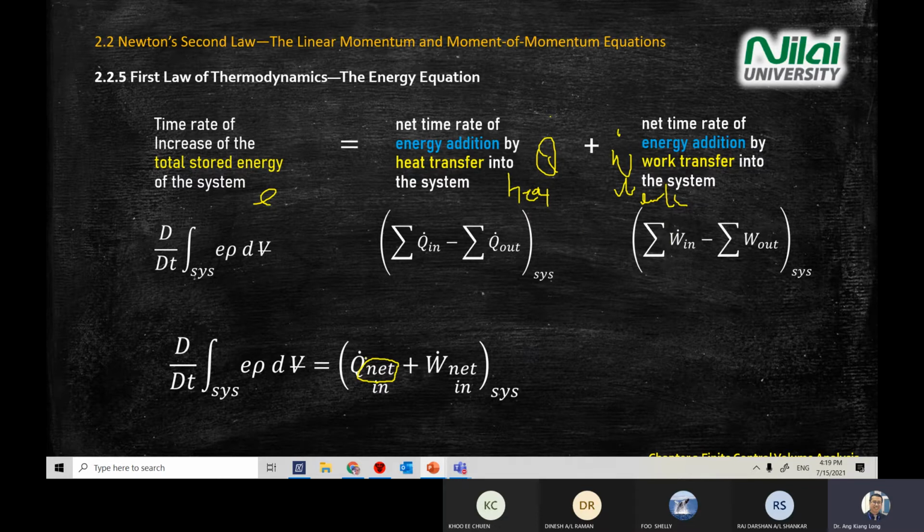Then you can write Q dot net plus W dot net. So still we look at heat and work. I hope you have already imprinted the message that we keep repeating the energy. We look at the heat and work dimension.